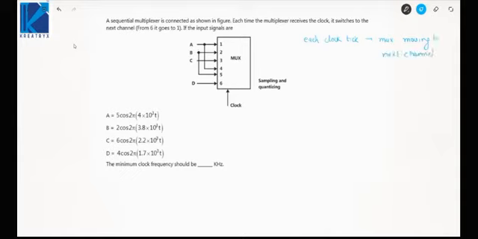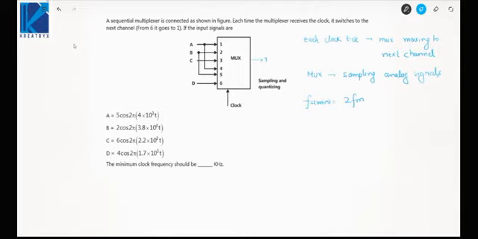And there are 4 inputs connected to the multiplexer and there will be only one output. So that is what this multiplexer is doing. It is basically sampling analog signals. It is collecting the samples of analog signal and then transmitting it over the same channel. For sampling, we know the minimum sampling frequency is twice fm.